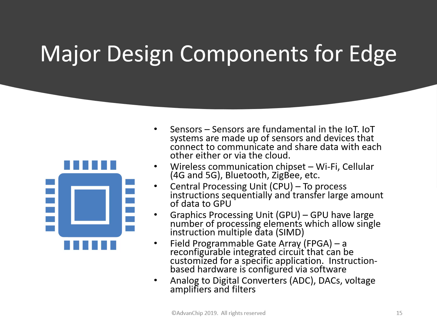Sensors: temperature sensor, sound, vibration, pressure, motion, image, gas, position, moisture, rotation sensor, audio and video, and many more. Wireless communication chipset: the protocol can be Wi-Fi, cellular, 4G or 5G, or both, Bluetooth, Zigbee, and many other wireless communication protocols.